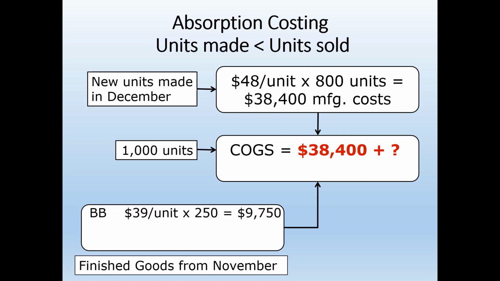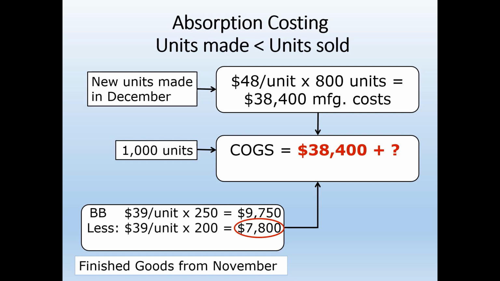In November, the units cost us $39 each, and we had 250 of them, so we can figure out the total value of our November ending inventory. We need 200 of those units. At $39 each, we can figure out the value of that inventory that we must have sold in December.